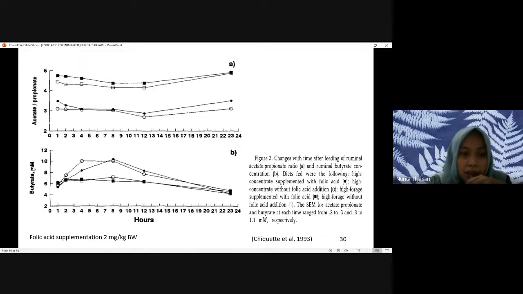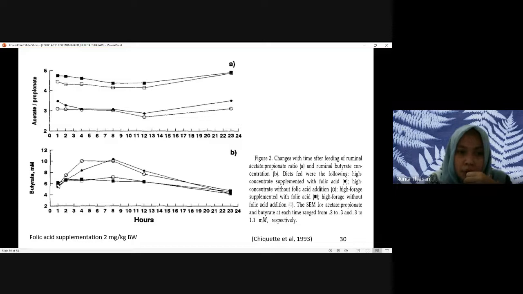And then the last figure is the butyrate. For the high concentrate with folic acid, at the beginning hours it has a low production of butyrate, and then around 8 hours the production of butyrate is slightly increased compared to without the addition of folic acid.